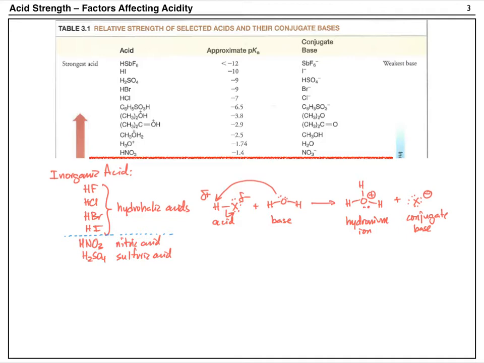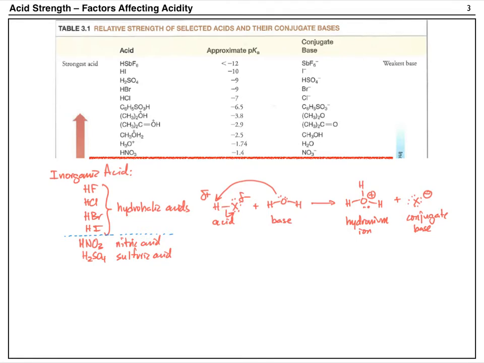It donates it. If we think of it in terms of the Lewis definition, the base is donating this electron pair to that proton. The proton's accepting that lone pair. The X ends up as the conjugate base, because then it's accepting this lone pair of electrons that's in the bond.